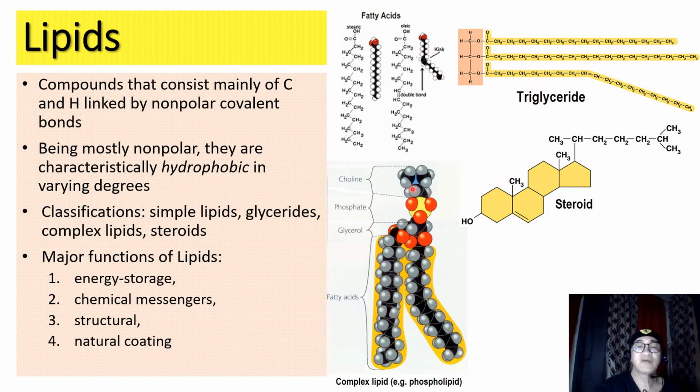Then you have a complex lipid, shown here. Complex lipids are formed by special kinds of polar molecules that are bound to fatty acids, hydrophobic fatty acids. In this example, it's a phospholipid.